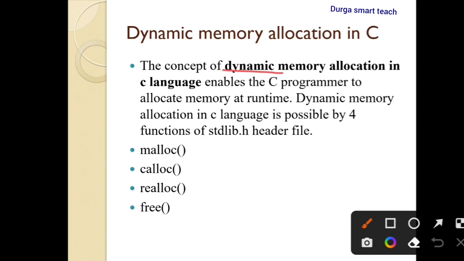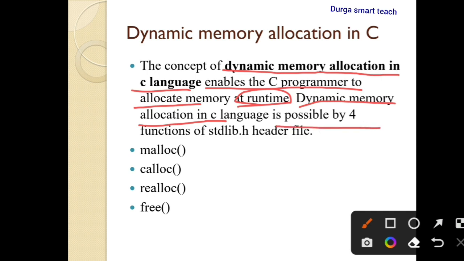So, the concept of dynamic memory allocation in C programming language enables the programmer to allocate the memory at runtime, during program execution time. Dynamic memory allocation in C is possible with four different functions in stdlib.h, the standard library header file.